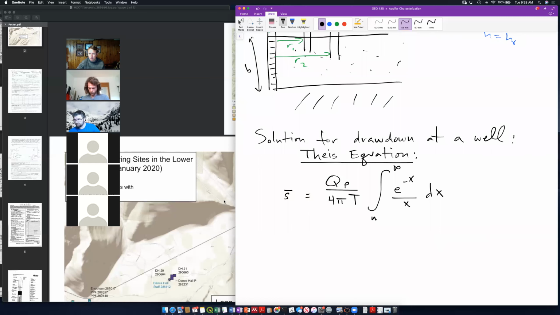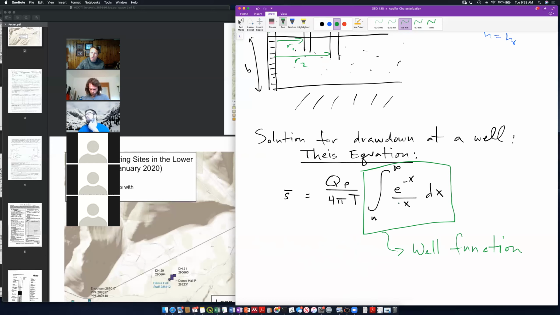All right. This integral here is an important integral. And in groundwater, we call it the well function. Are those supposed to be x's or r's for distance? They're supposed to be x's, and they have nothing to do with the distance. All it is is a variable. Okay.